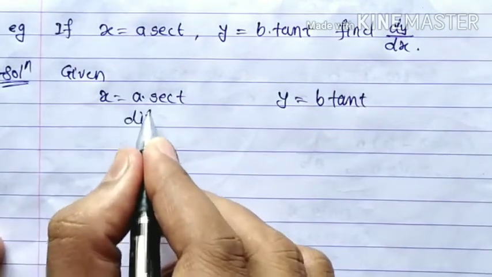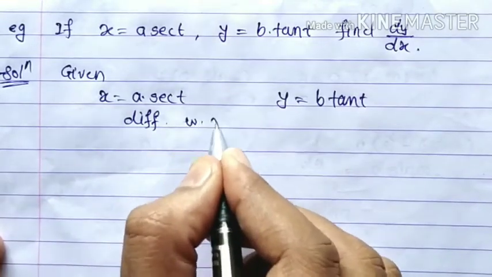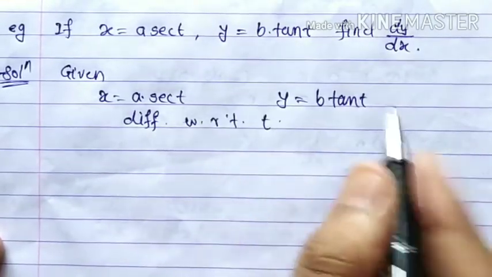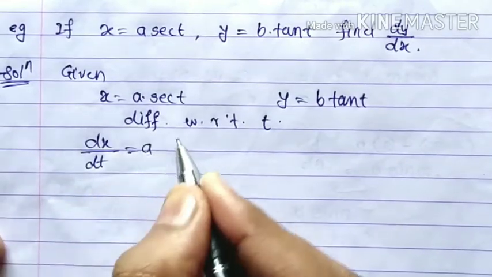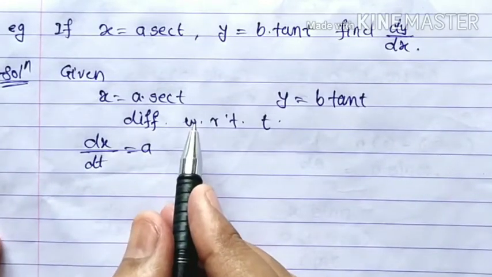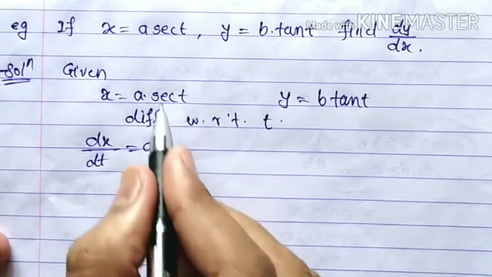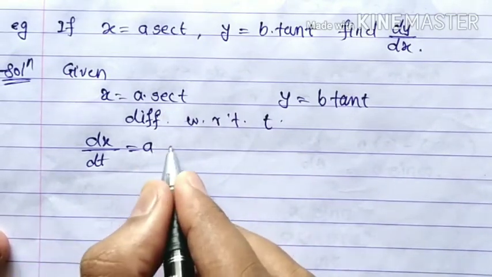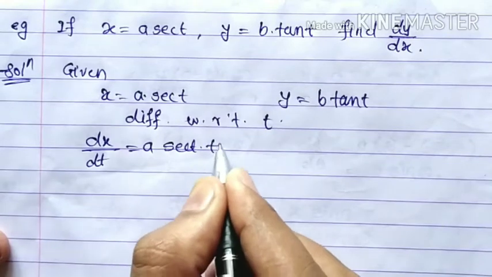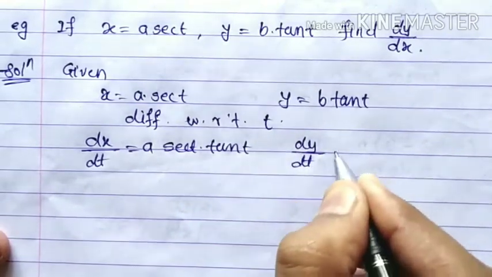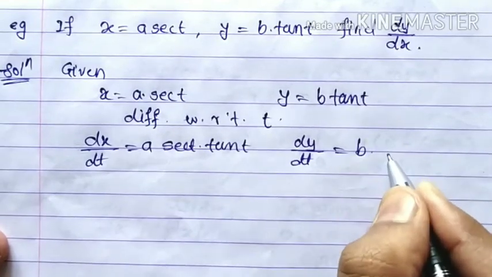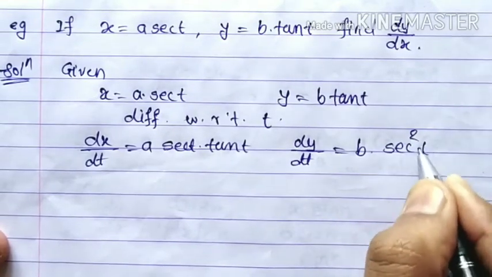So we differentiate both x and y with respect to t as the parameter. So we write dx by dt: the derivative of sec t with respect to t is sec of t into tan of t. Similarly, dy by dt can be written as b into the derivative of tan, which is sec square of t.